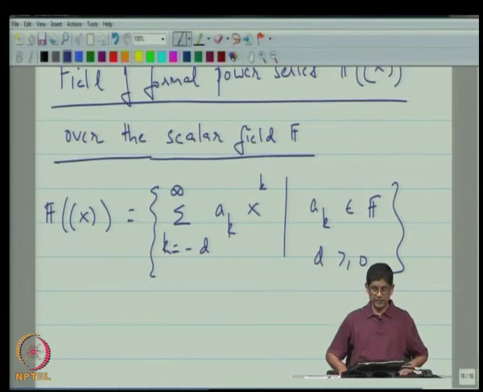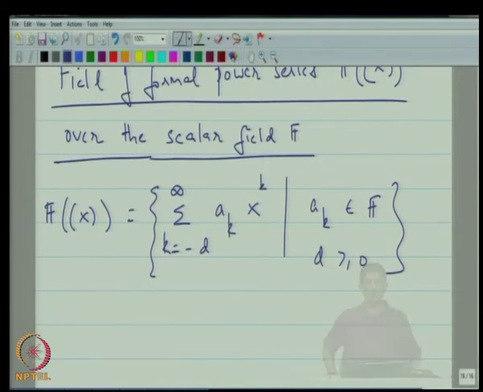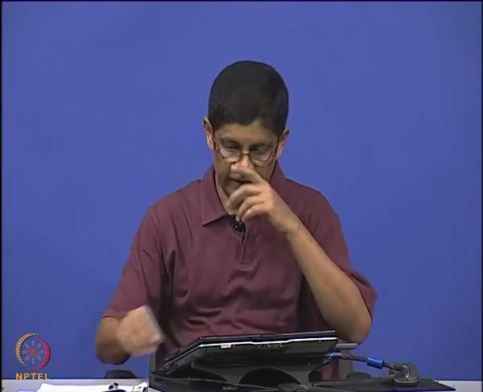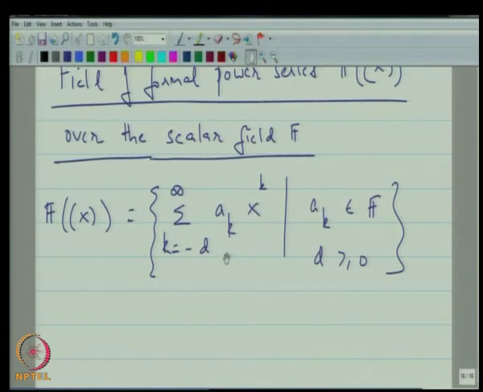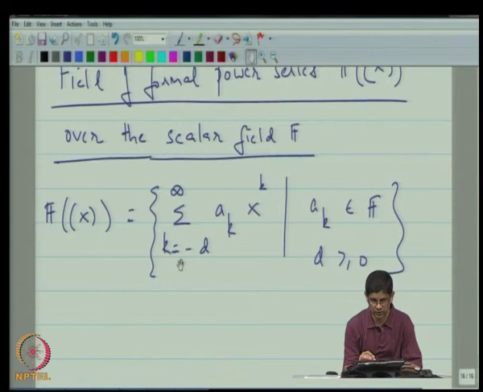You look at this and say, well, isn't this a polynomial? And the answer is no, because first of all here you are permitting a finite number of negative exponents. So, you could have x to the minus 1, x to the minus 2 and so on, but you are only allowing a finite number of them, which is why you say k goes from negative d to infinity, where d is itself greater than or equal to 0.